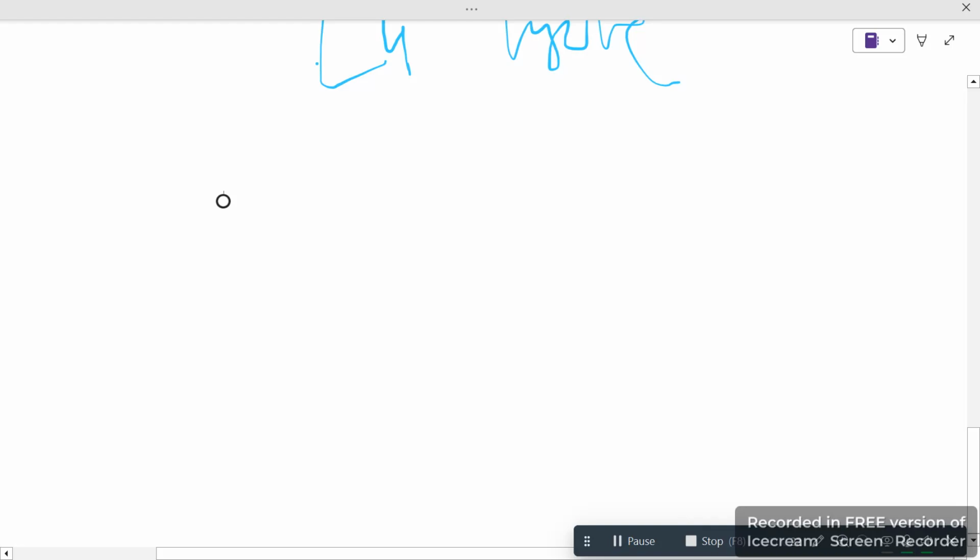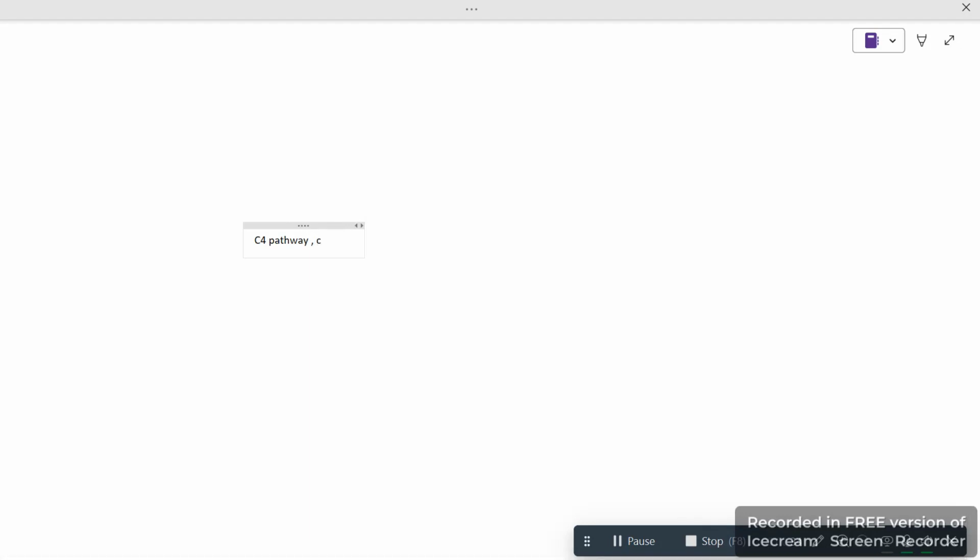So the C4 cycle has many names. We can also call this the C4 pathway, the C4 cycle, or C4 photosynthesis. We also call this the Hatch and Slack pathway.